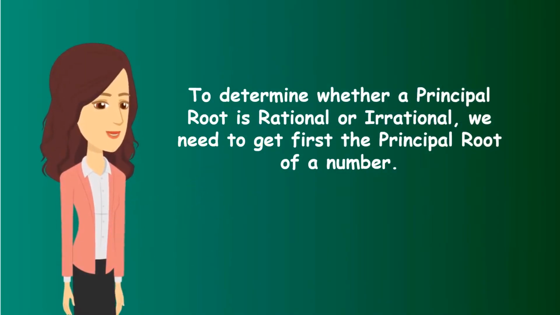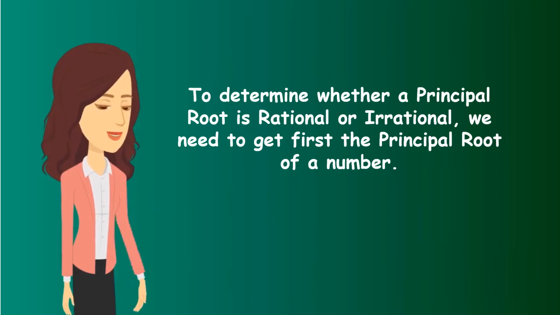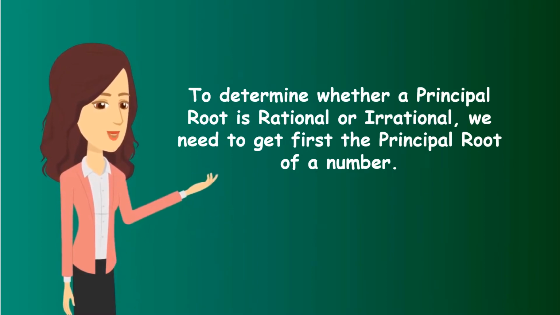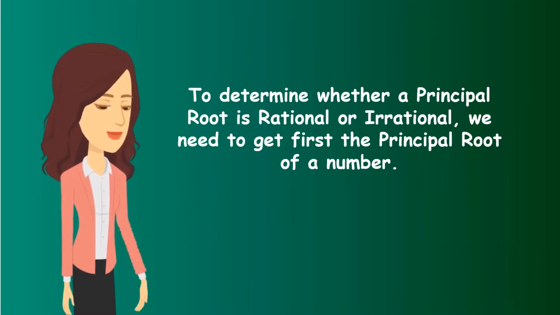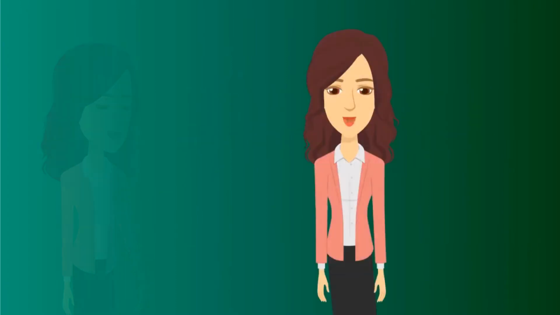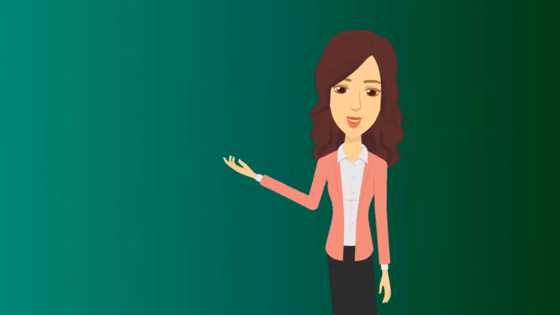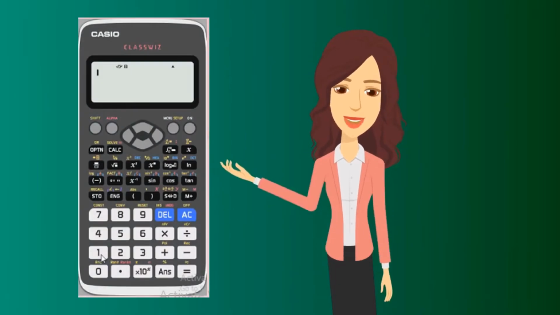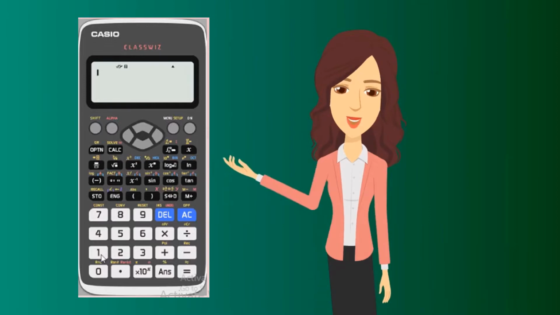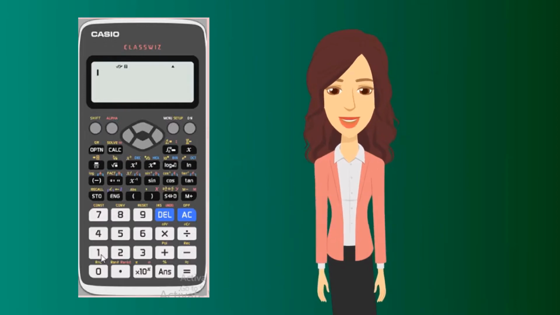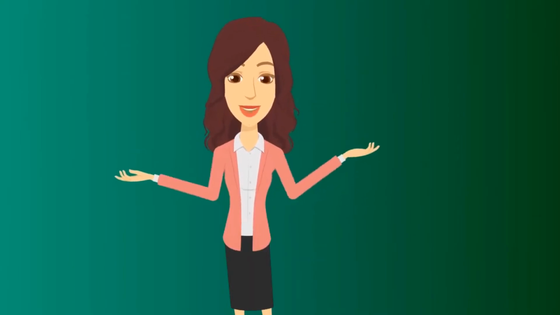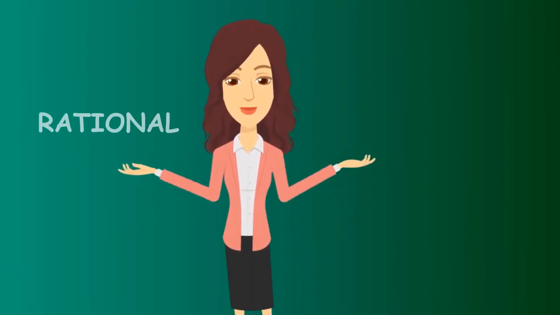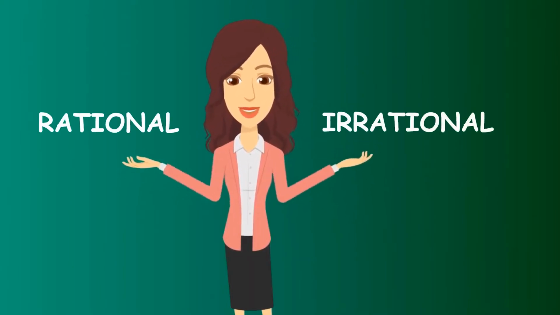To determine whether a principal root is rational or irrational, we need to get first the principal root of a number. We can use a scientific calculator to get the exact principal root of a certain number, and tell if it is rational or irrational.